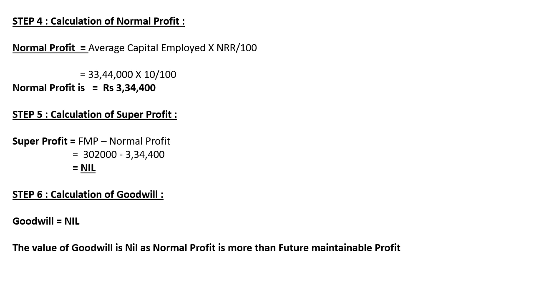Now we'll come to step number 5, calculation of super profit. What is the formula for it? Future maintainable profit, that is our step number 1, minus normal profit. So your future maintainable profit is 3 lakh 2,000 minus normal profit 3,34,400.